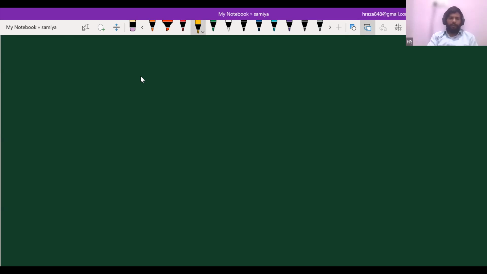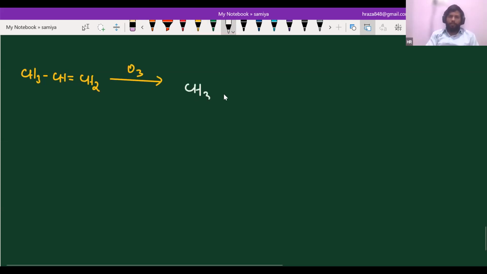Now see, we have another reactant, that is CH3 CH double bond CH2, and you are going to do ozonolysis. So you are going to react this with O3. Just show all the bonds except the double bond.